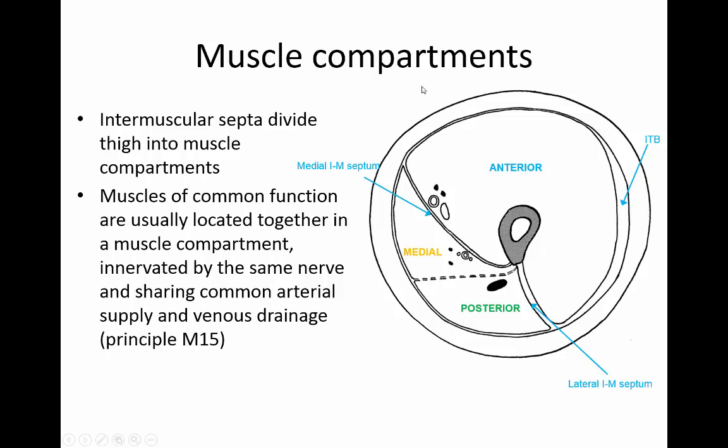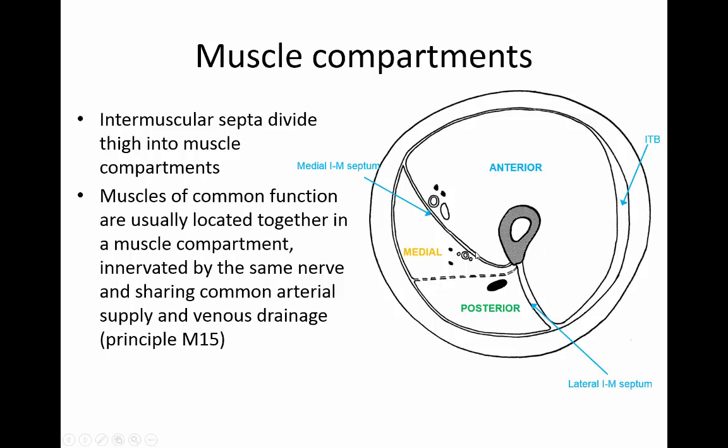Our thigh has a number of muscular compartments. So intermuscular septa divide the thigh into muscle compartments. We have a medial intermuscular septum, inter meaning between, muscular being muscle, and a septum is like a wall. So it's just a separation between muscles.